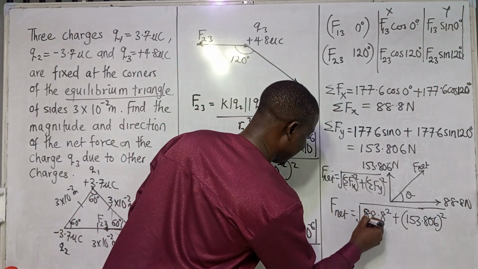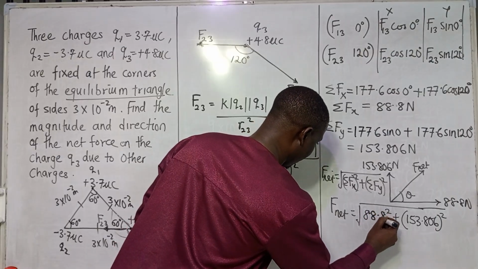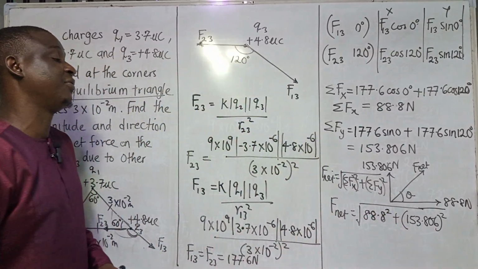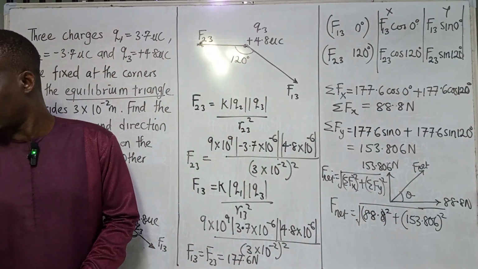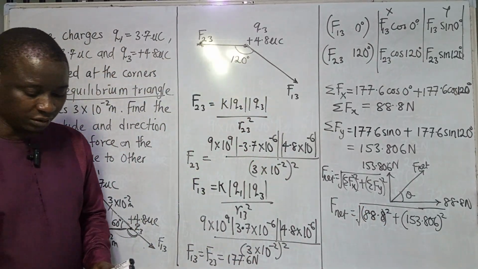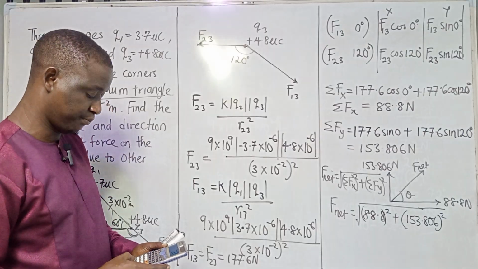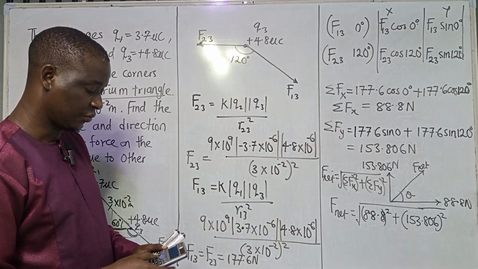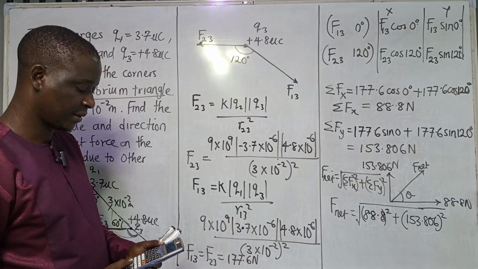So this is 88.8 all square. So what do we have now? Let's press our calculator and see what we get: 153.806 square plus 88.8 square.